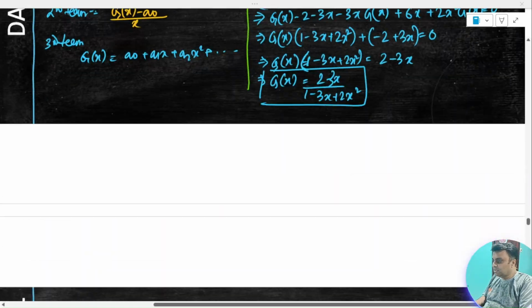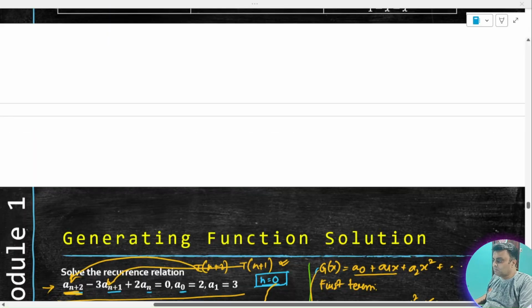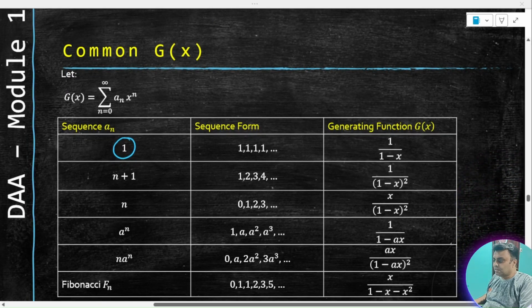So similarly here, if my generating function is 1 by 1 minus x, I can take this as a sequence of 1 1 1 1 1. So what is this, by the way? This is what an is. So this is 1, this is 1. So my an is equal to 1.